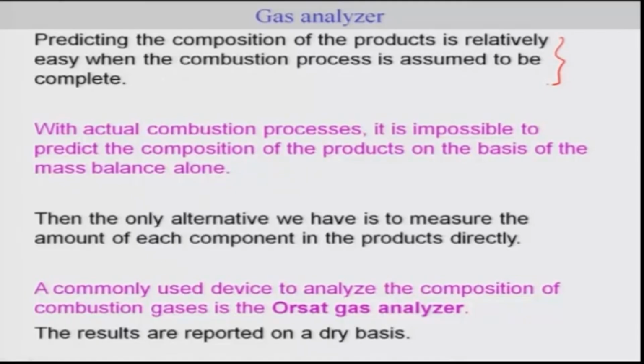However, it is not possible to predict the composition of the product on the basis of mass balance alone with an actual combustion process. The only alternative we have is to measure the amounts. Many times it's not feasible to assume that the combustion is complete, and thus it's critical that you analyze the product gas composition.